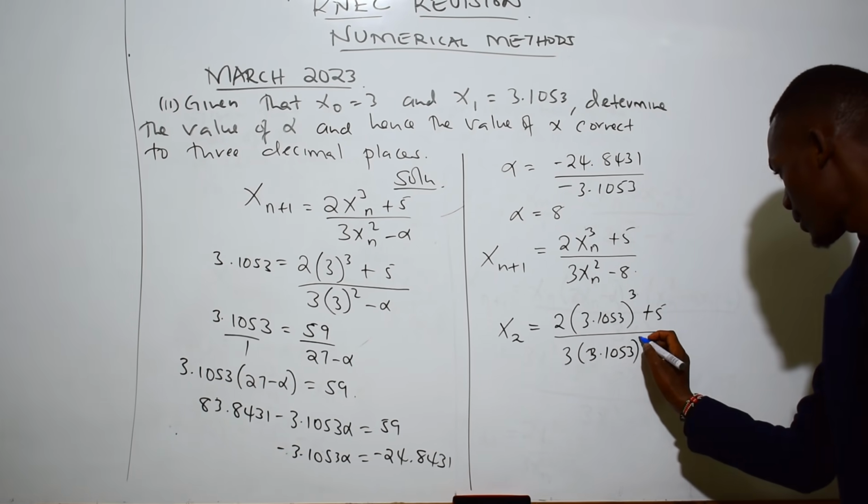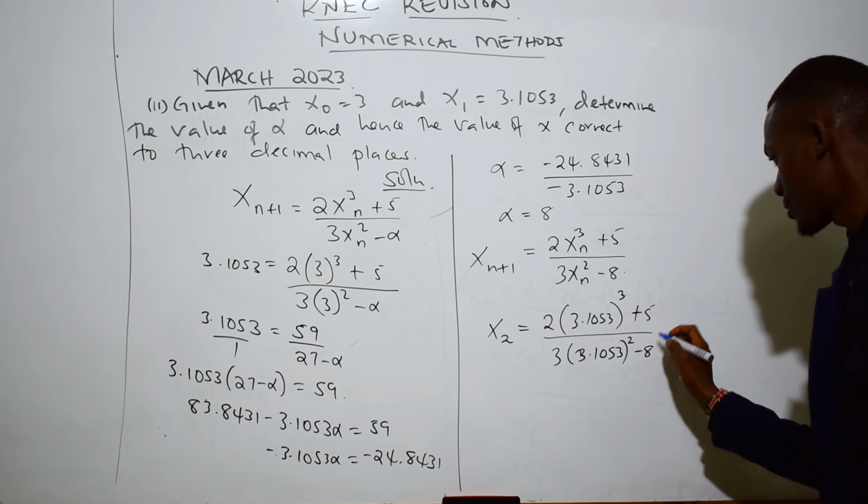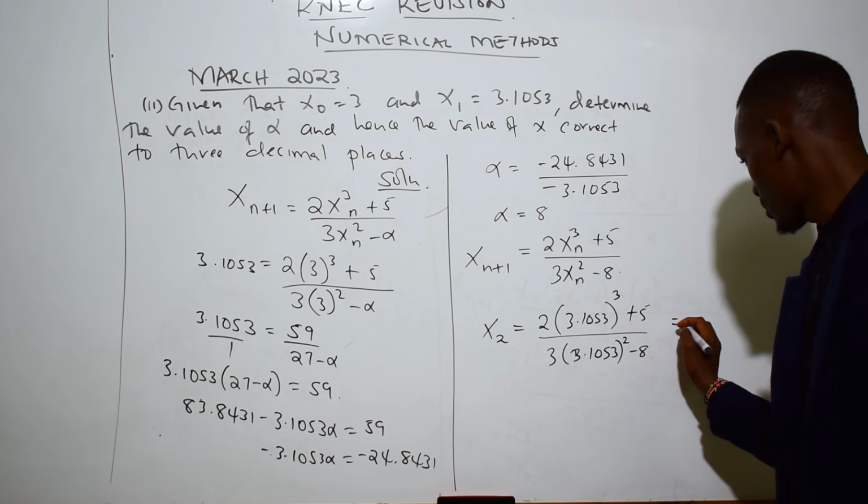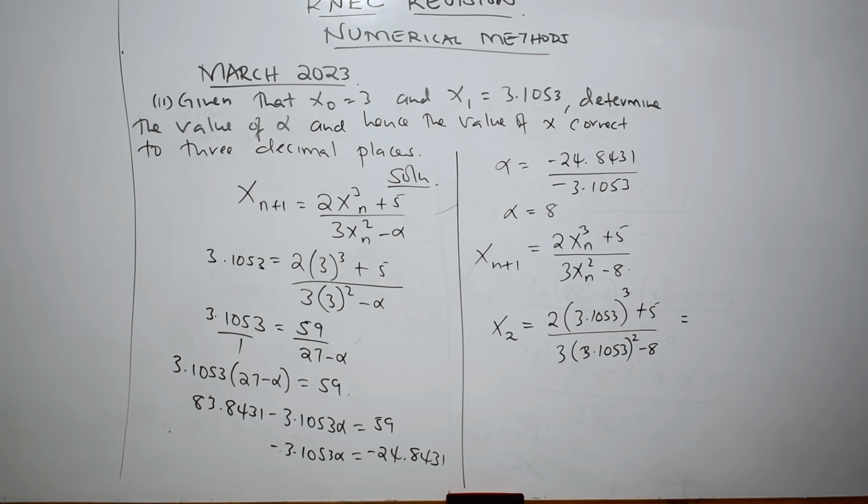Then you square, then you subtract 8. So let's find out what this gives us. So you have a term 3.1053 in brackets then cubed.